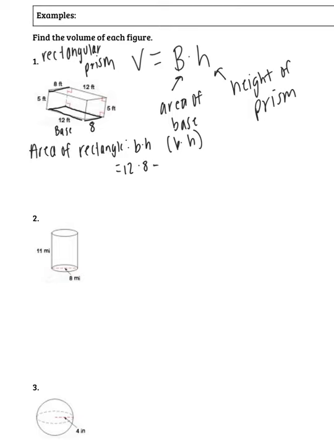So equals 96. Now I have big B. I found the area of the base. What I need now is the height of the entire prism. That's going to be this guy right here, which is a 5. So I need to do 96 times H, which is 96 times 5. I'll go back to my calculator, type in 96 times 5, which is 480.